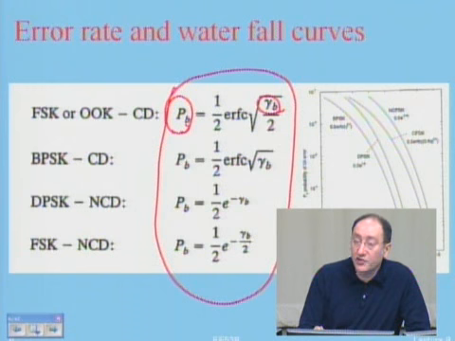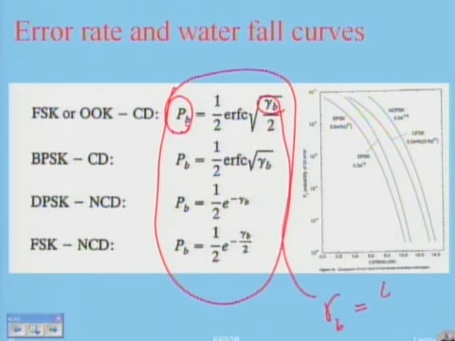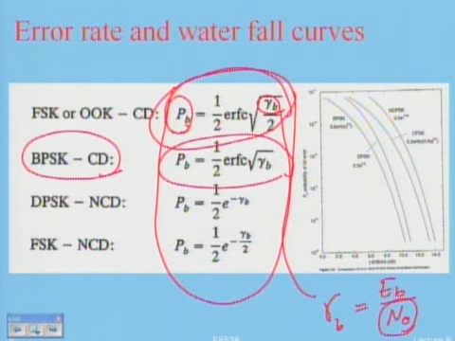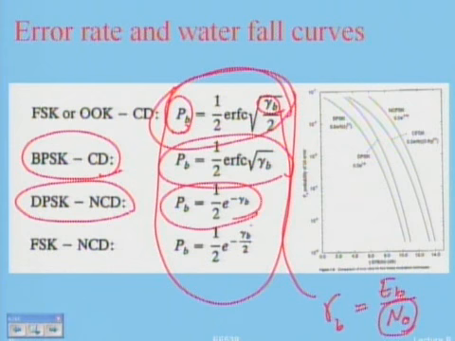And the signal-to-noise ratio per bit, gamma B, was energy per bit divided by N0, which was the variance of the noise. And then we have these equations for different modulation techniques. This is for coherent detection binary PSK, and this is for non-coherent detection binary. And we saw that they are either in the ERF format or exponential format.